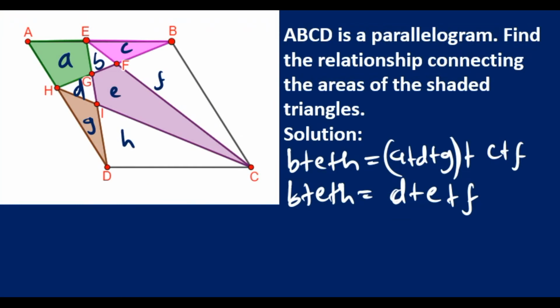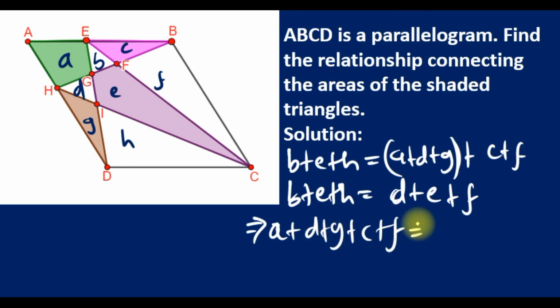So that means we can replace this with this, which implies that A plus D plus G plus C plus F could be replaced with that. So we've replaced this with this now. We now write D plus E plus F. And looking at the diagram, we have common terms. D is there, D is there.